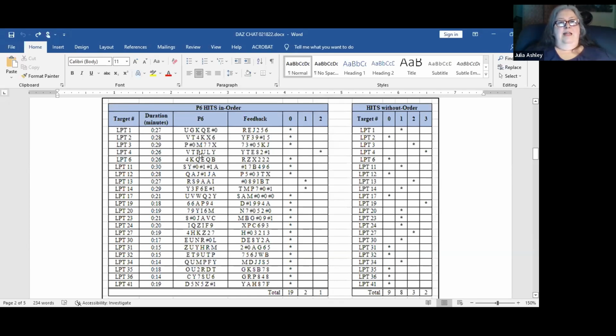There's a VTE, but the plate was YTE. And you can see that the T and the E are in the correct positions. So I gave myself credit for 2 there. But I also had a Y out of position. So the second chart tells you that I had 3 characters without order. But the first chart tells you that only 2 of them were in order.